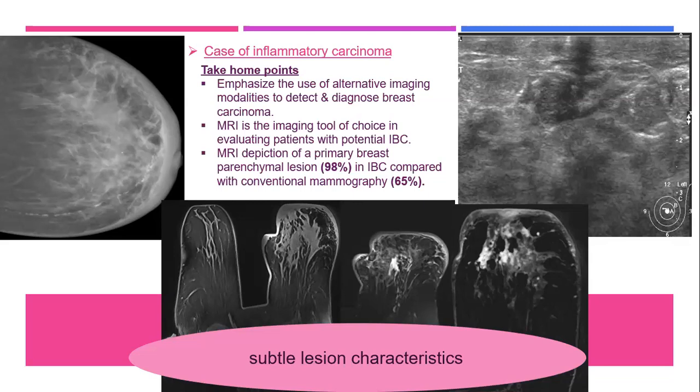Okay. We said we have a focus, we have a non-mass-like enhancement, and we have a mass. If it is not a focus, look for whether it is a mass. And you know the mass is a space-occupying lesion, three-dimensional. If it does not fulfill the criteria, then it will be non-mass-like enhancement. And this is non-mass-like enhancement.